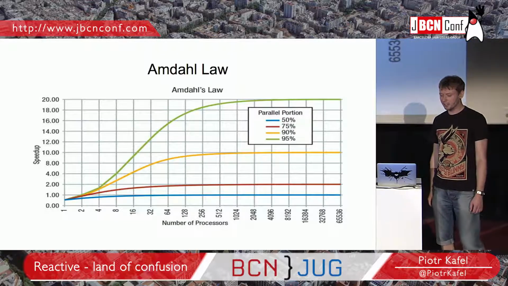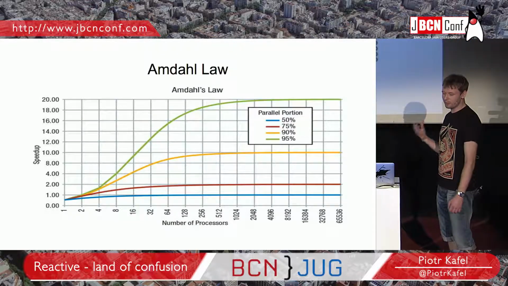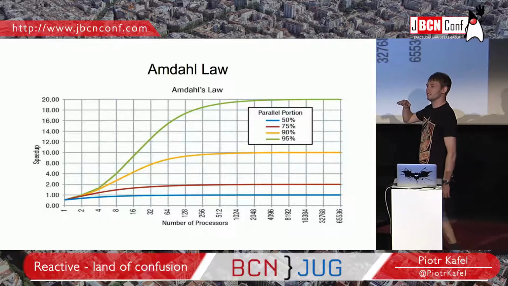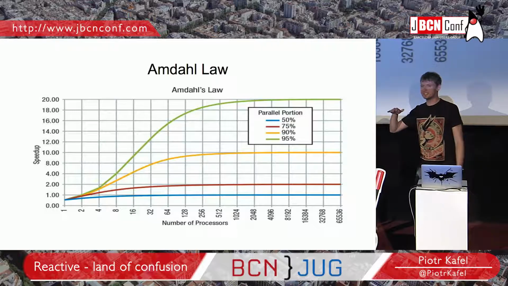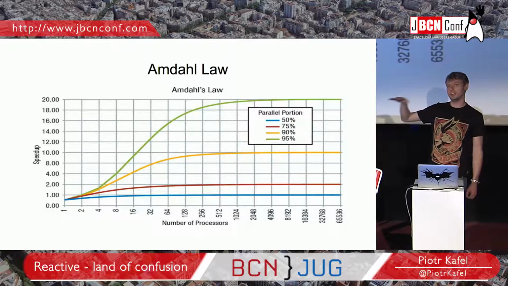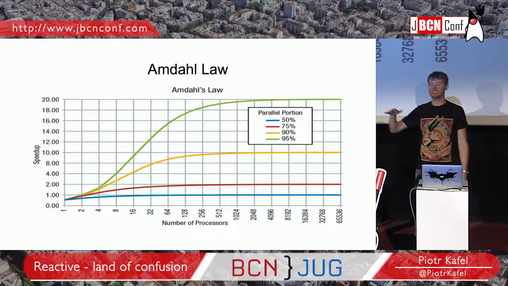So if you look here, if 95% of your program can be parallelized, at some point adding new threads, adding new instances, and so on, it doesn't matter. Your performance will actually flatten out.